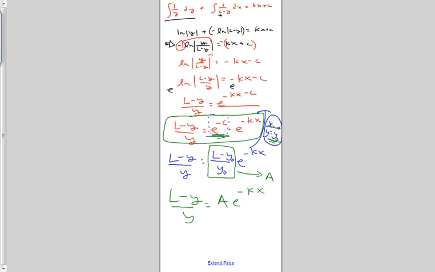Now we just need to solve for y. So solving for y, let's look at this fraction, and we're going to do that on another page. So we have L minus y over y equals A e to the negative kx, and well, we can split this fraction.